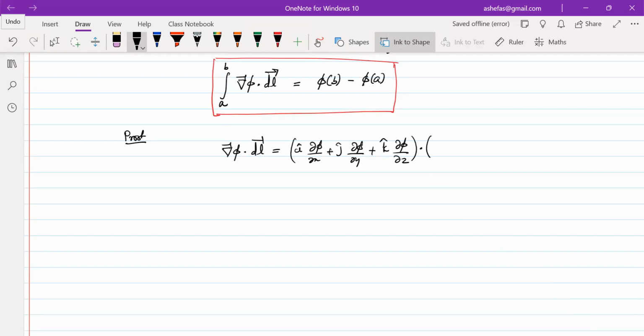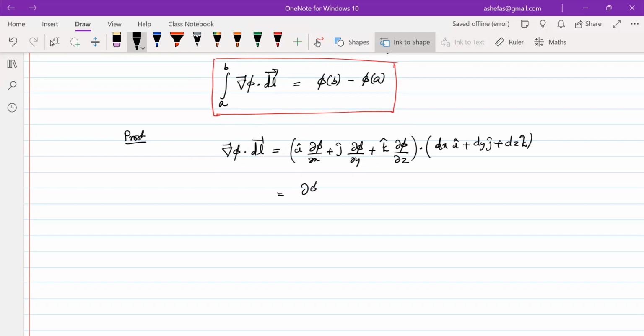In general, an infinitesimal displacement can be written as i dx plus j dy plus k dz. Now if you take the dot product between these two, what will you get? So we have to take the product between the consecutive terms, that is, the x terms we take product, and y terms, and z terms.